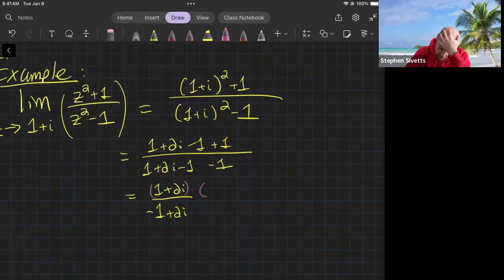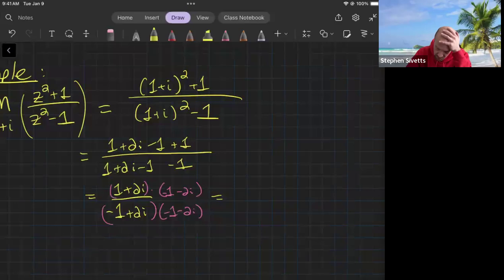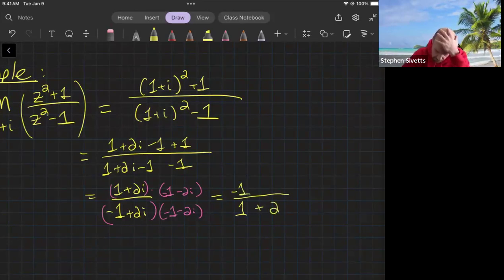And to write it in a plus bi form, remember we multiply and divide by the complex conjugate of the denominator. So we will have 1 plus 2 on the bottom, and then minus 1, minus 2i, minus 2i, so minus 4i, and then minus 4i squared, so plus 4.